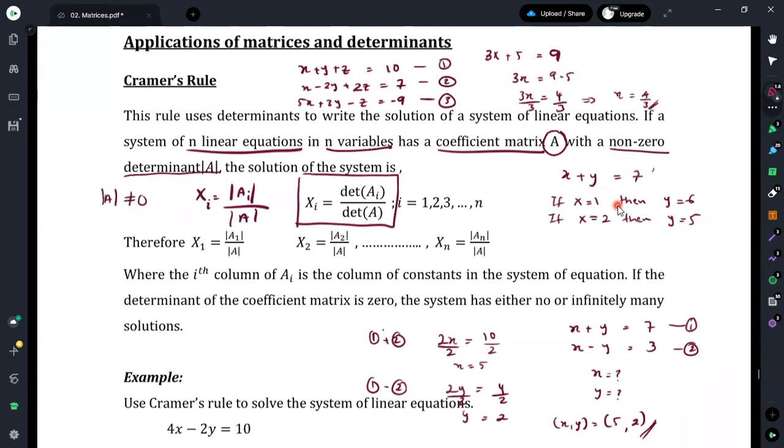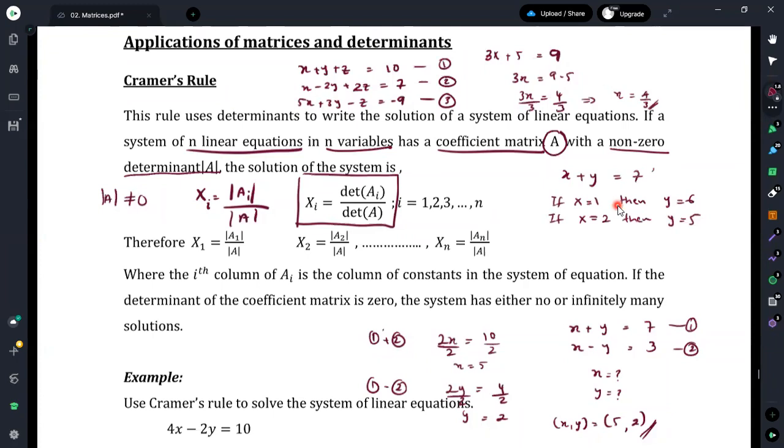Therefore, x1 can be obtained by the determinant of A1 divided by the determinant of A, x2 as the determinant of A2 divided by the determinant of A. Likewise, xn can be obtained as the determinant of An divided by the determinant of A. And once you obtain the determinant of A, we have to obtain the appropriate Ai matrix, and we have to take its determinant.